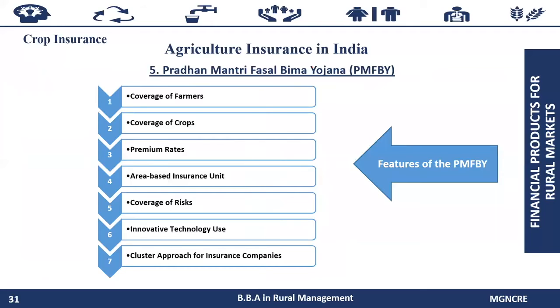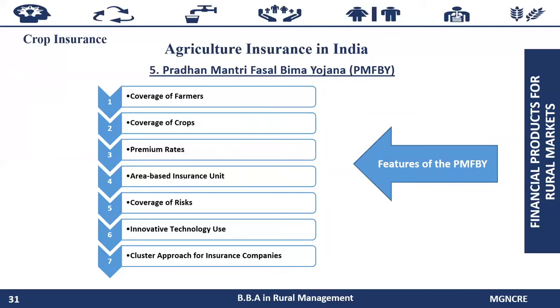Then the last scheme was Pradhan Mantri Fasal Bima Yojana. This scheme made several improvements as compared to the preceding schemes. One highlight of this scheme is the absence of any upper limit on government subsidy, even when the balance premium is 90%.